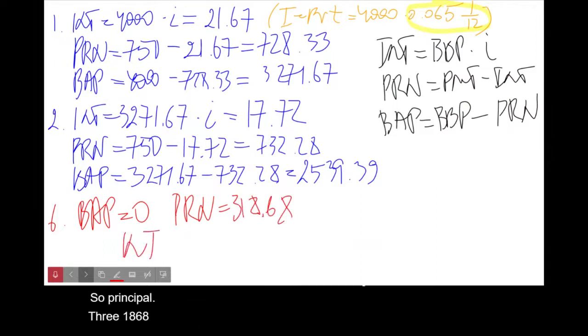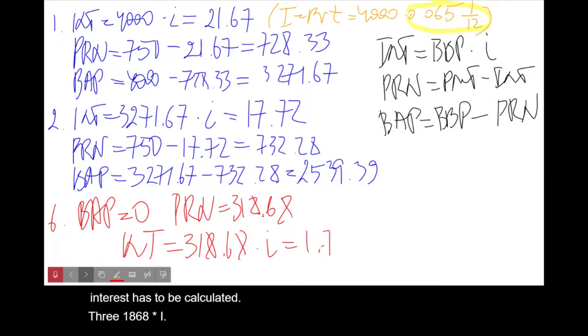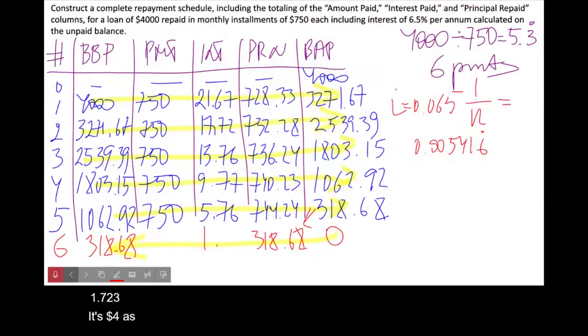Interest has to be calculated: 318.68 times i, which is 1.73. Actually, yes, it's about $4 as well. Okay, so that's good. Just the payment will be different.